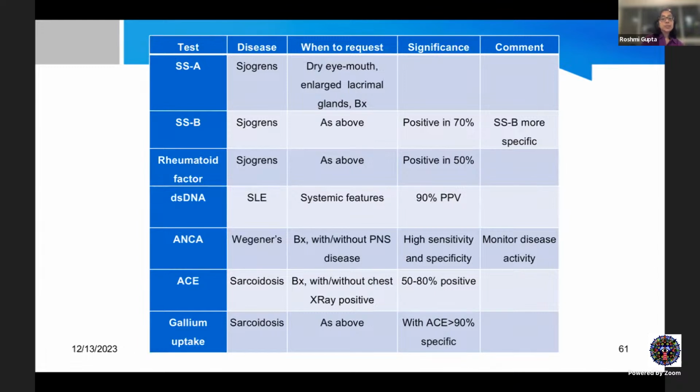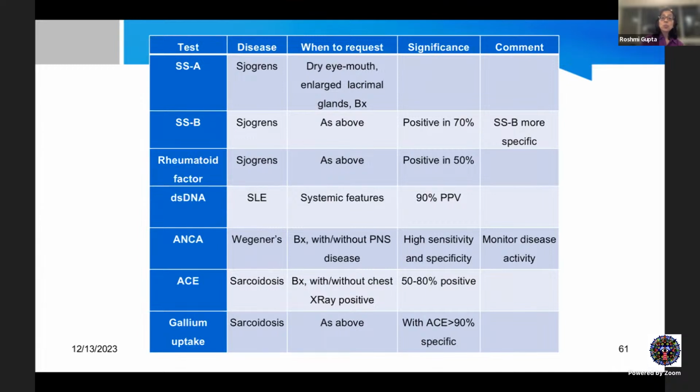ACE is particularly specific for sarcoidosis. Now, for practitioners, here's a word of warning. Unless it's a lab you regularly use, make sure they understand what you've asked for. Because unfortunately, some of the labs will give you AEC, absolute eosinophil count.